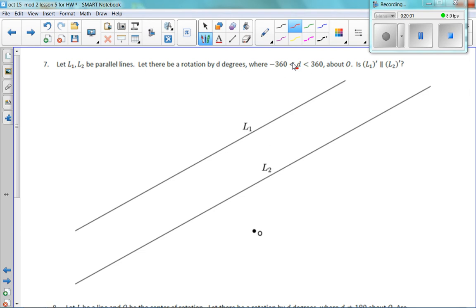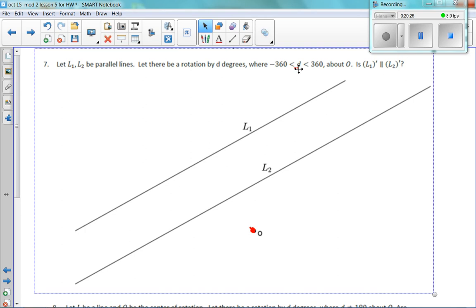You want to go a little bit of a turn or a lot of a turn, but not more than one circle of a turn. You don't want to go past 360 degrees. About center O. O is right here. Okay? Are those images, after you've rotated the two lines, parallel? You should find out that they are in fact parallel.